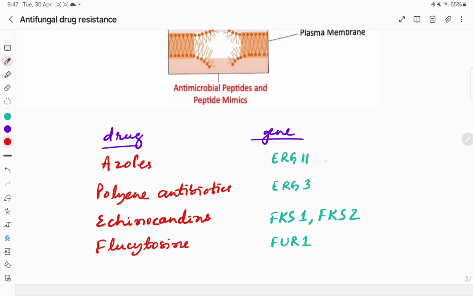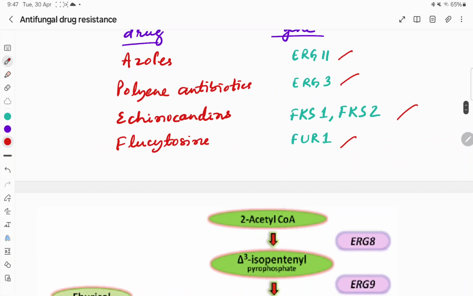Azole resistance occurs because of mutation of ERG11. Polyene antibiotic resistance occurs because of mutation in ERG3. Echinocandin resistance is because of mutation in FKS1, FKS2, and flucytosine resistance because of the FUR1 gene.